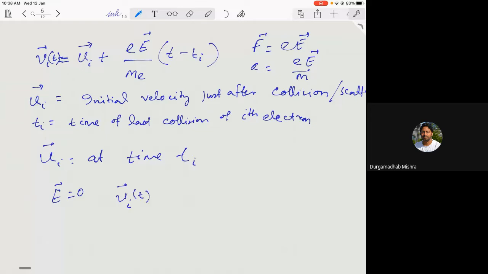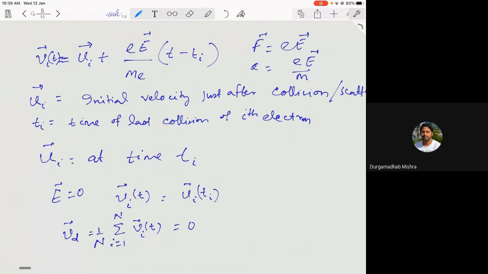Vi(t) will be nothing but Ui at Ti, because there is no acceleration. However, if I want to calculate the drift velocity, I sum over Vi(t) over all these electrons, so Vd will be equal to 0 if E is equal to 0.